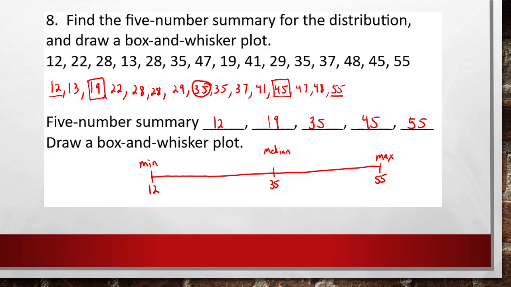And then my quartile 1, 19, is actually closer to the 12. Again, they don't have to have specific numbers, just estimate where it is closer to. And then your 45 is right about in the middle between the 35 and the 55. So I just put it right there.